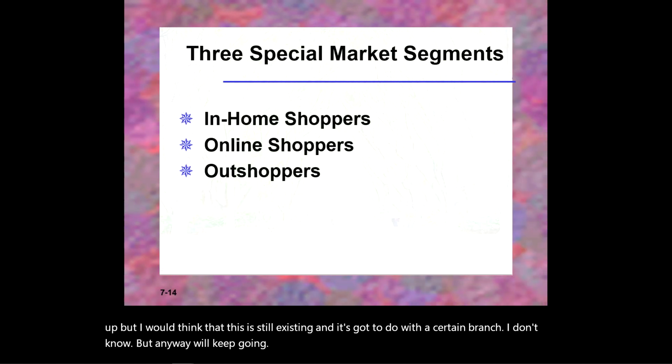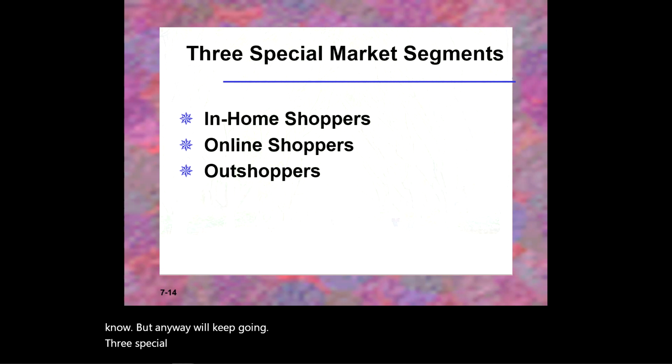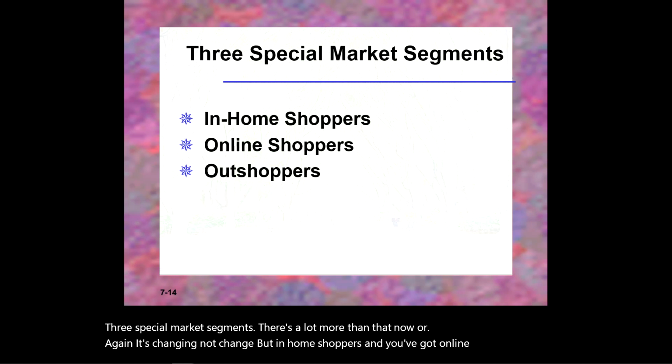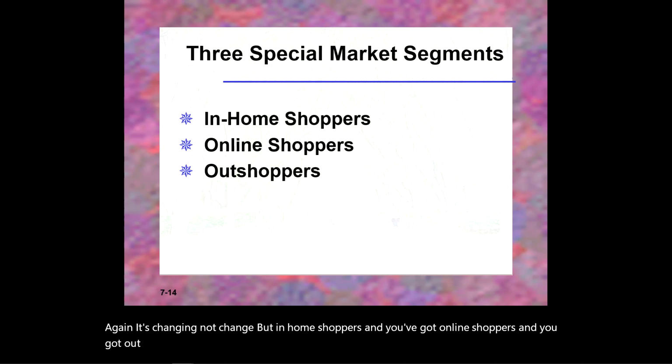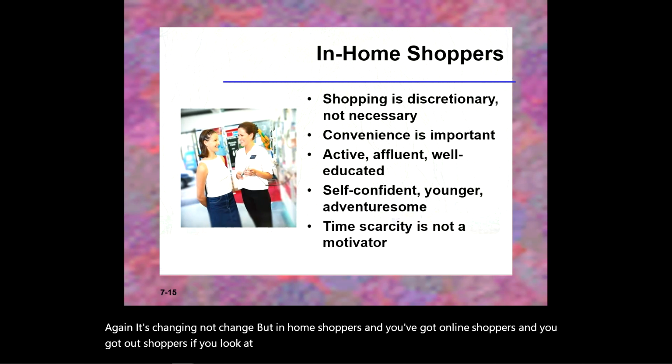3 special market segments. There's a lot more than that now, or again, it's changed and not changed, but in-home shoppers, and you've got online shoppers and you've got out shoppers. If you look at in-home shoppers, shopping is discretionary, not necessary.